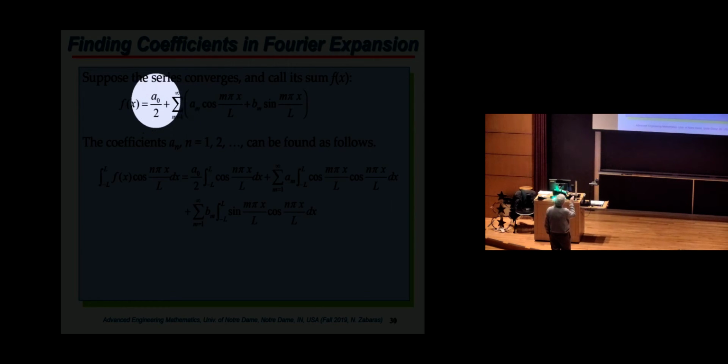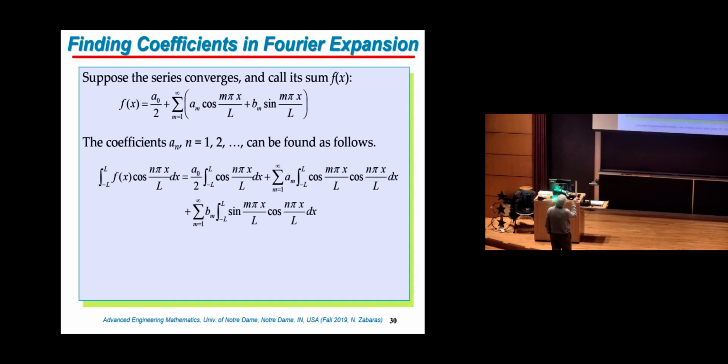We need to find a way to compute a0, am, and bm, and the way to do this is to use the orthogonality condition. So what I have done is take this expansion and multiply the left and right hand sides by cosine of n pi x over L. I multiply this term, this, and that.